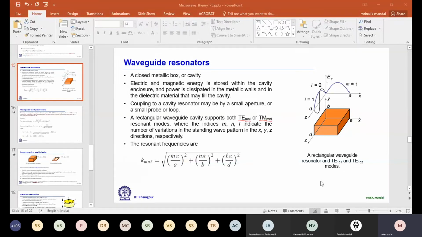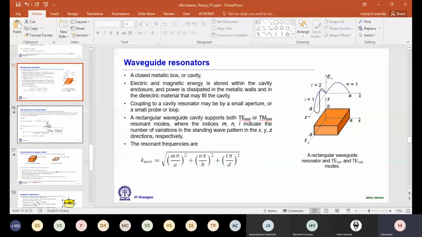So f equals c into k divided by twice pi into the square root of mu r epsilon r. Basically, I am converting c to v. So k by twice pi will give the f, and put the value of k there. So we have the resonant frequencies.